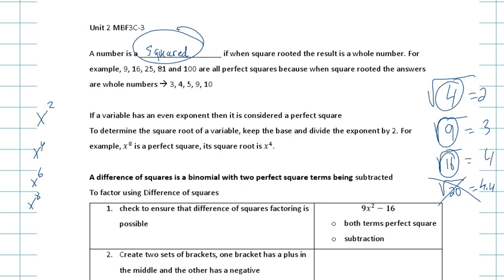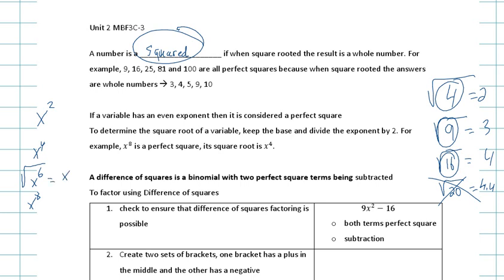Okay? Now, what happens if I want to square root that? What do I get? Square root of x to the power of 6 is going to be x to the power of 3.